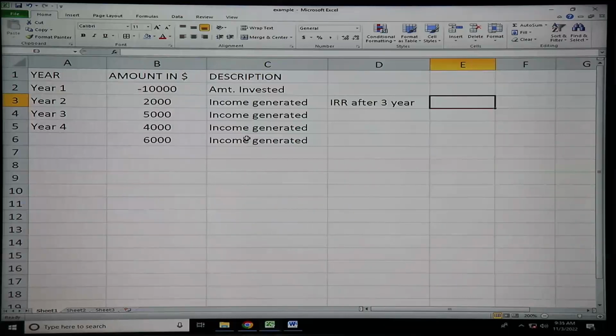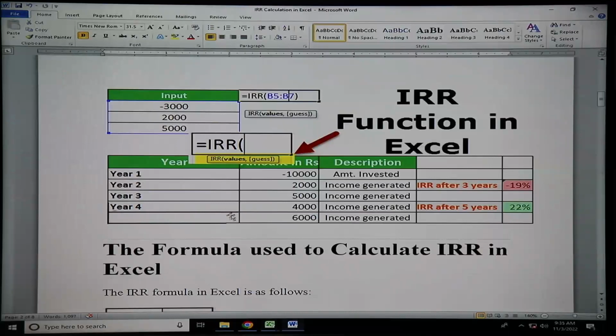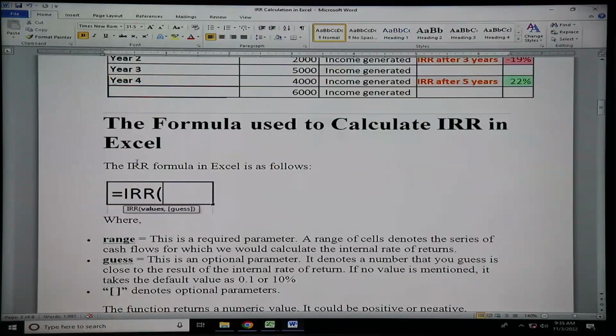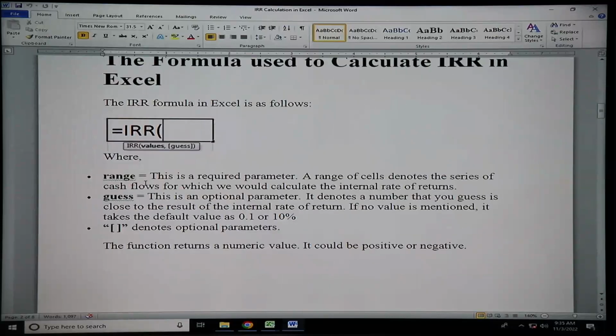And when inserting this function, there's something that you'll notice: once you insert, it will ask you about the range. The range is a required parameter. A range of cells denotes a series of cash flows for which we would calculate the internal rate of return.